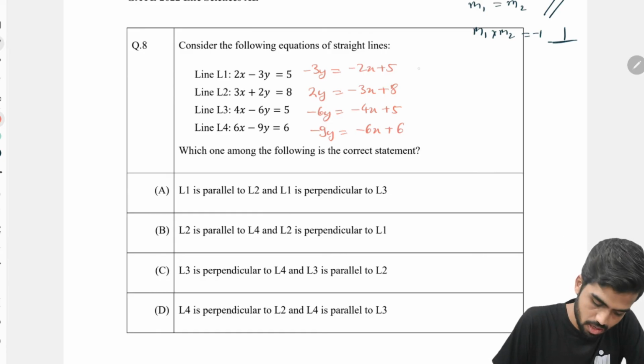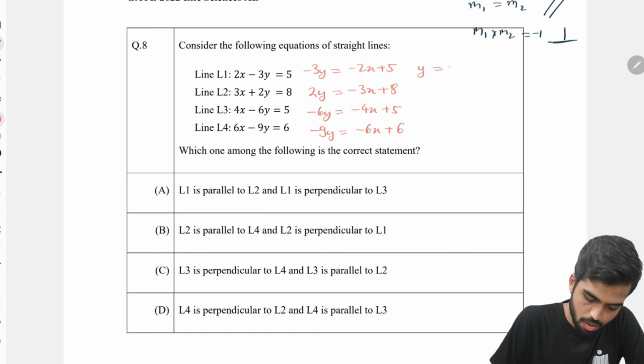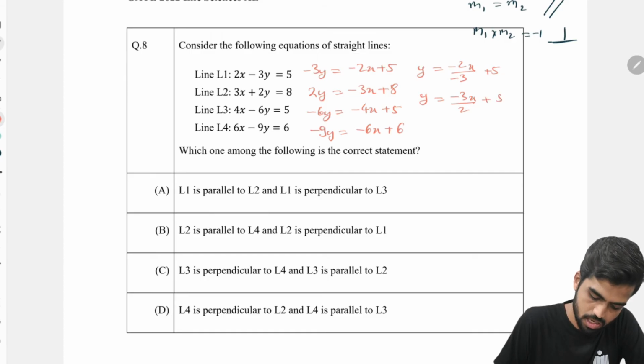This can also be written as y = -2x/-3 + 5/-3, y = -3x/2 + 8/2, y = -4x/-6 + 5/-6, and y = -6x/-9 + 6/-9.